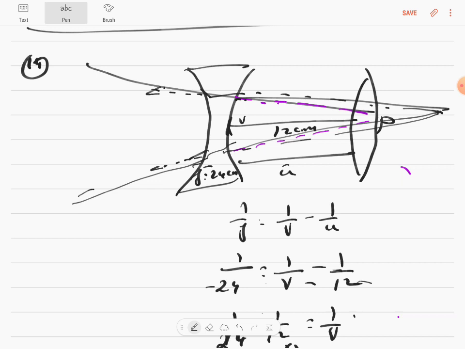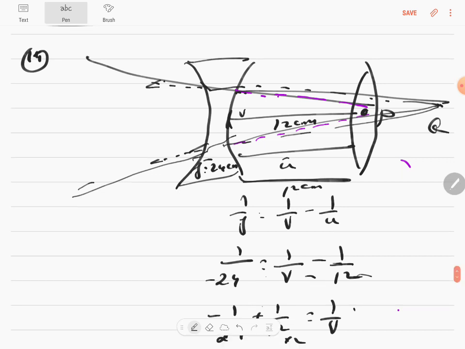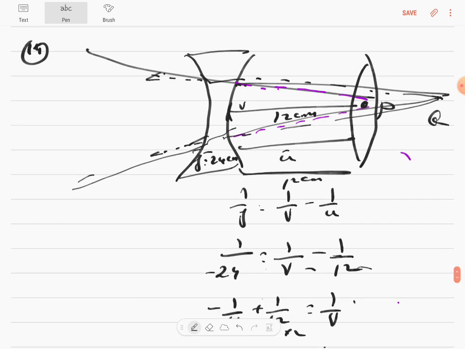How much does the point Q get shifted after introduction of the convex lens? The separation between them is 12 centimeter. It seems like the object is located at the optic center. Okay, so let's approach the sum as a new sum. I don't know how to approach the sum, to be very honest. The distance between them is 12 centimeter.